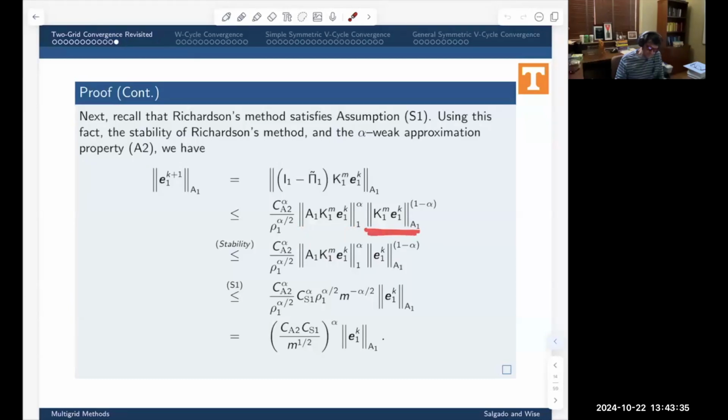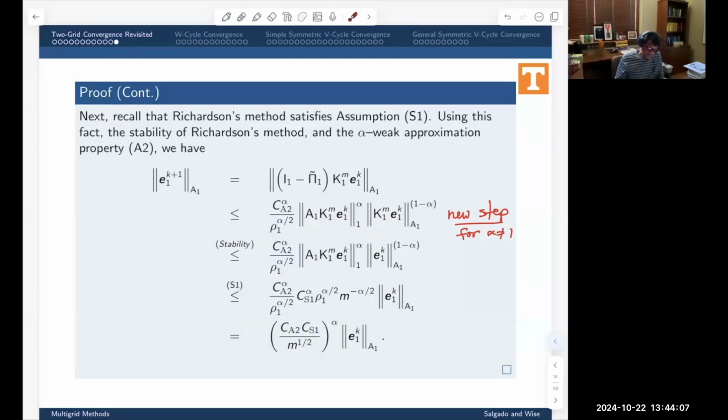I'm just going to take this and remove this guy, and I can do that via stability. That K1 M goes away, and I simply am left with that. So this is a new step that has to be done when we have the alpha-weak approximation property. Let me write that: a new step that didn't appear previously, new for alpha not equal to 1.